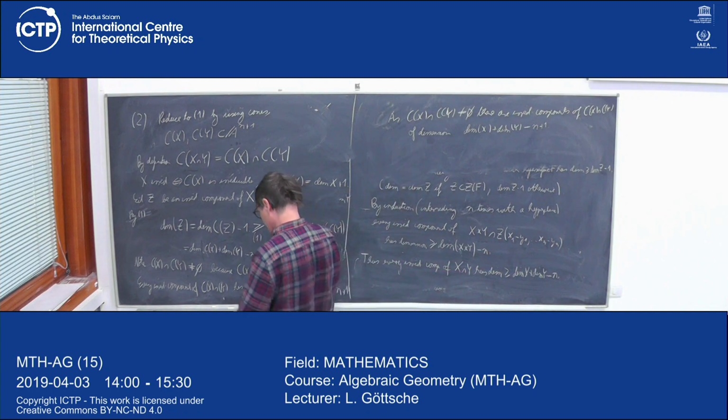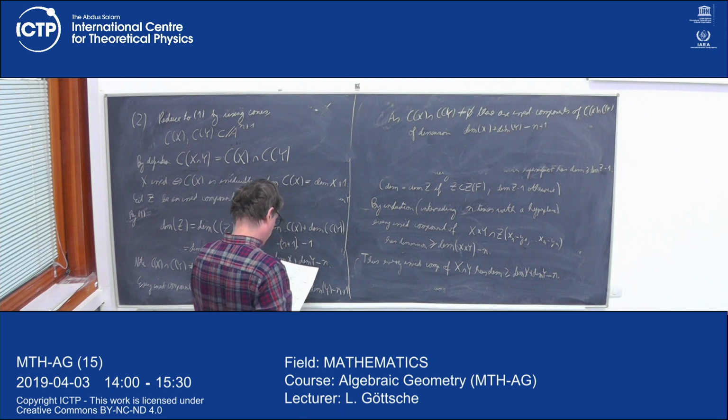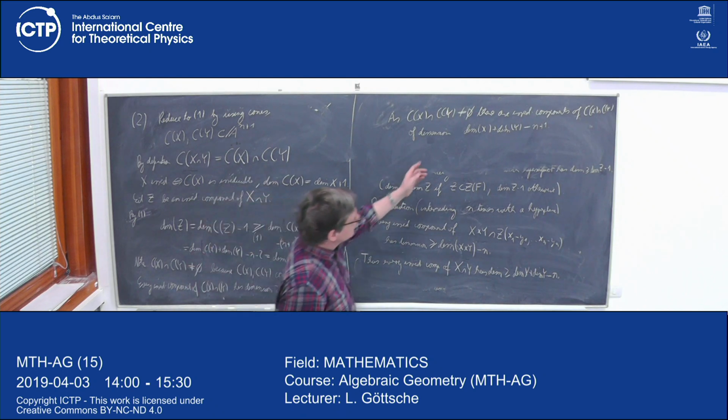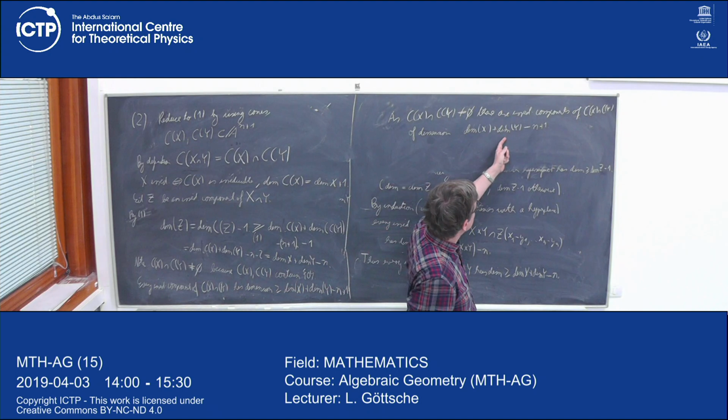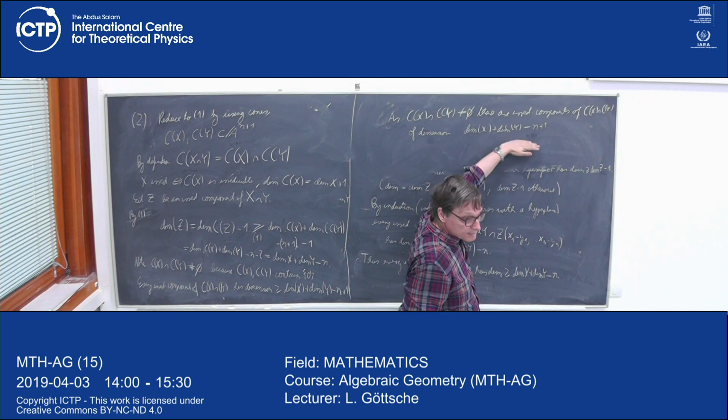So this is actually, yeah. Therefore, if the dimension of x plus the dimension of y is bigger or equal to n, then this number is positive. Not just 0, but positive.